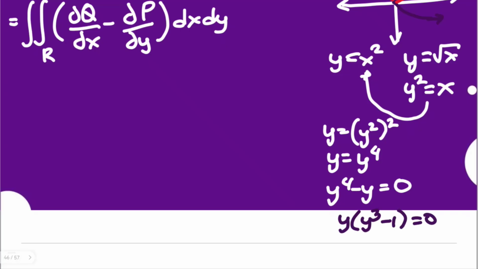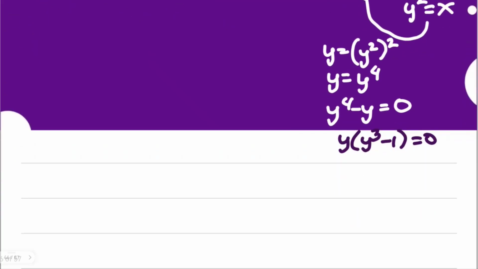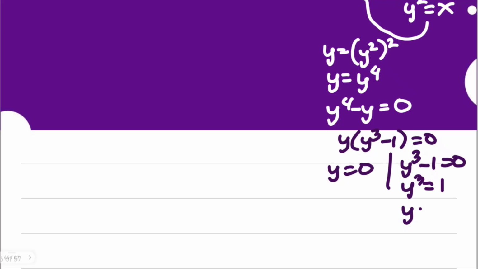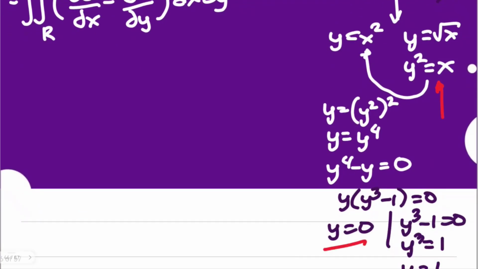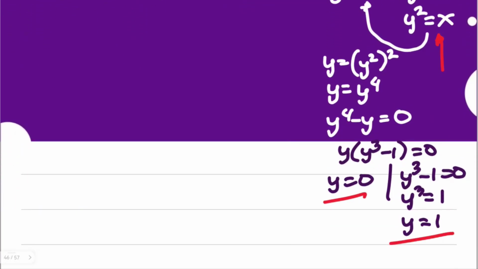We're solving for the values of x and y here, so let's continue. Y can be 0 and y cubed minus 1 can be 0. Y cubed is positive 1, so y is also positive 1. These are the two values of y. Since y is the given, let's substitute that here. For x, we square the y.